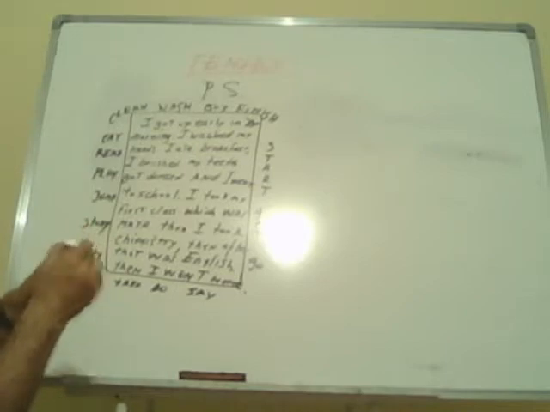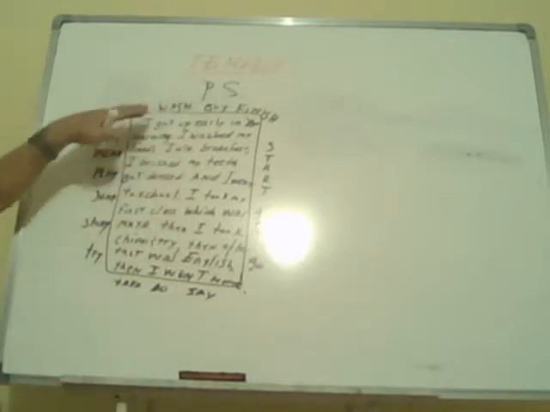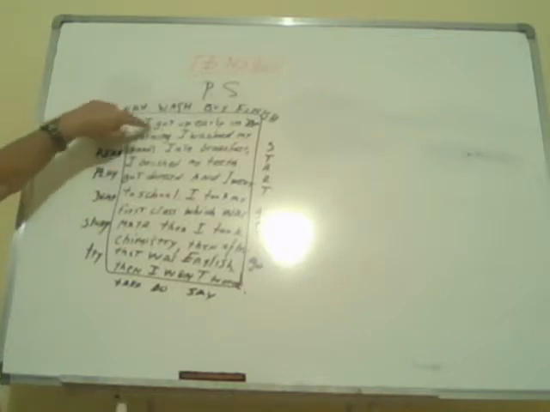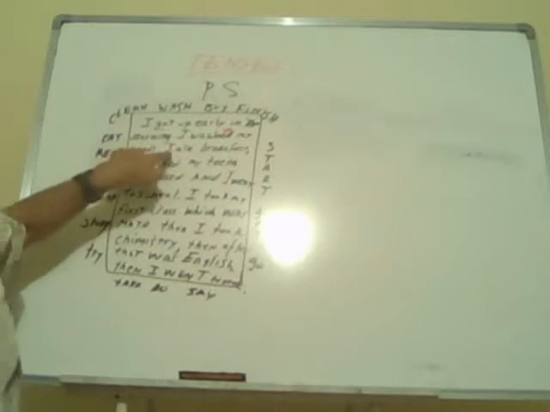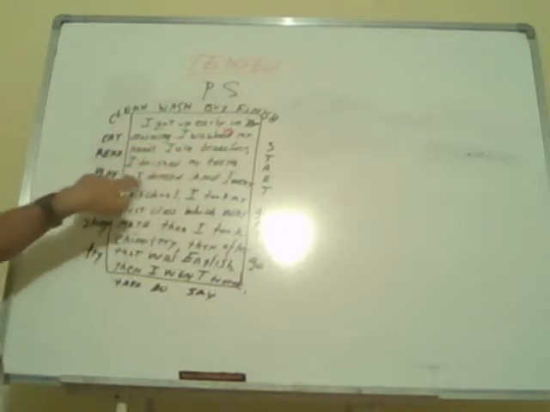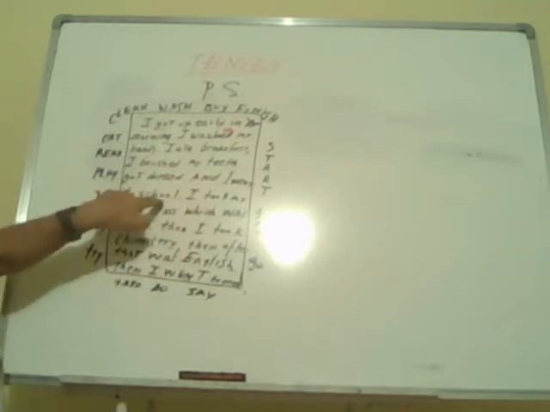Yes? Notice that this little diary is all in the past. I got up early in the morning. I washed my hands. I ate breakfast. I brushed my teeth, got dressed, and I went to school.